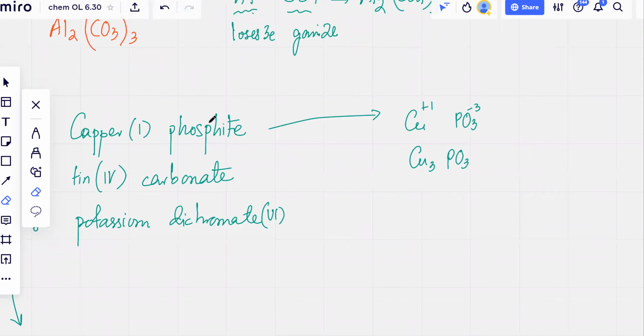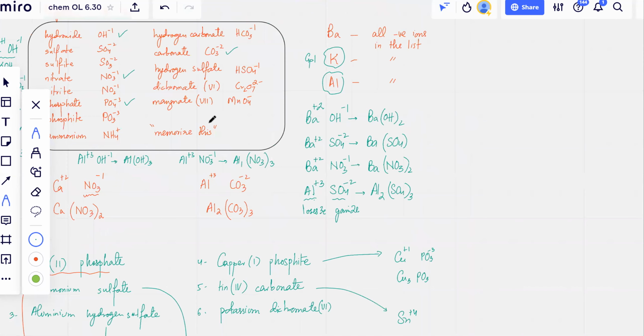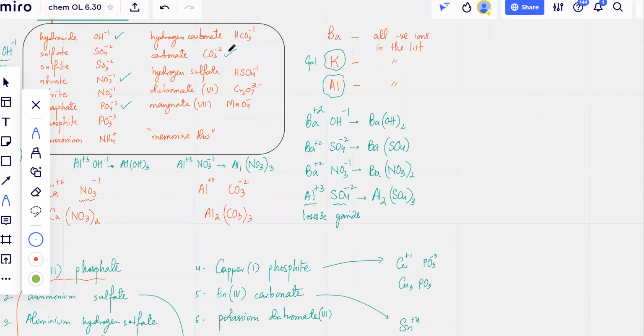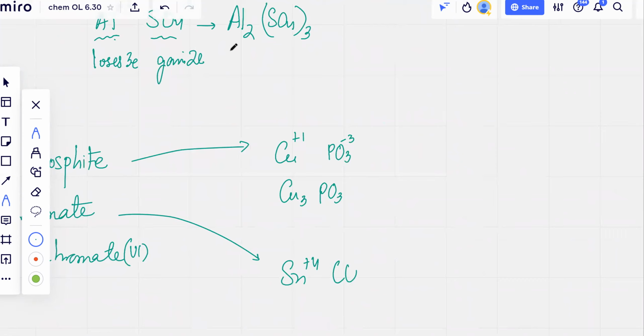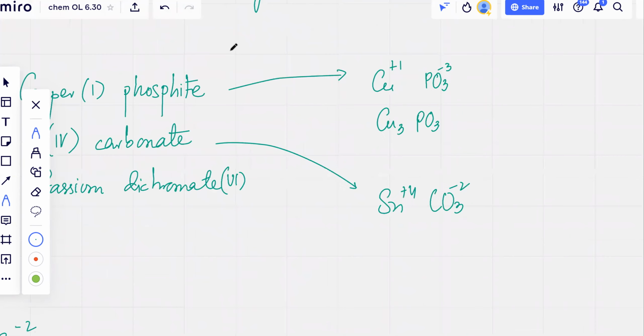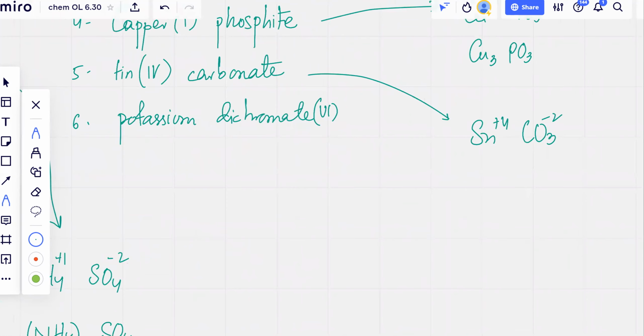Tin 4 carbonate. What's the formula of tin 4 carbonate? Tin is Sn, it's plus 4. What is carbonate? CO3 minus 2. And then you've got potassium dichromate 6.